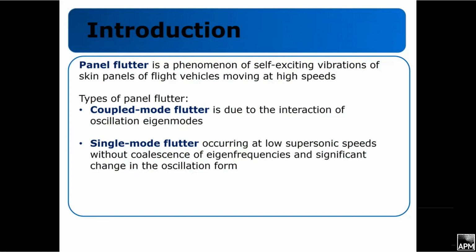There are two types of panel flutter. Coupled mode flutter is due to the interaction of the eigenmodes, and single mode flutter occurs at low supersonic flow and without coalescence of eigenmodes.